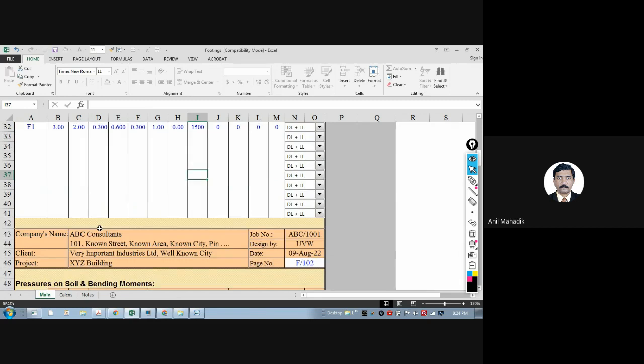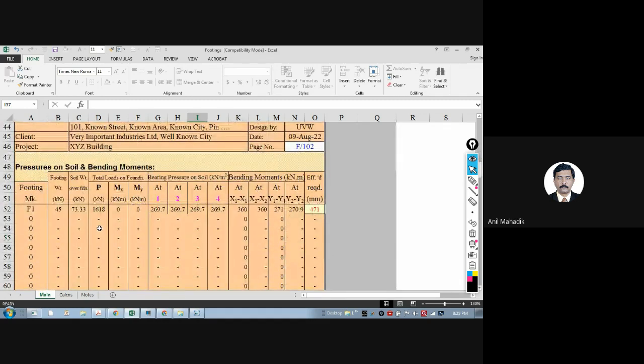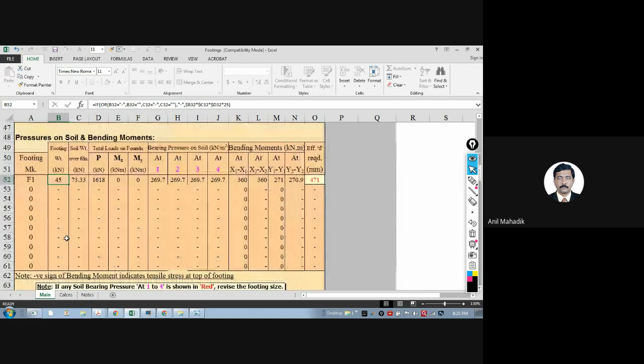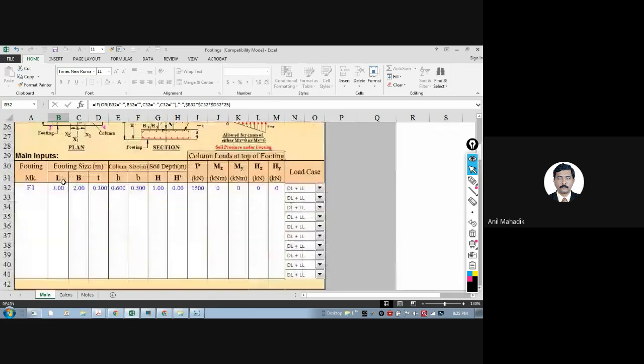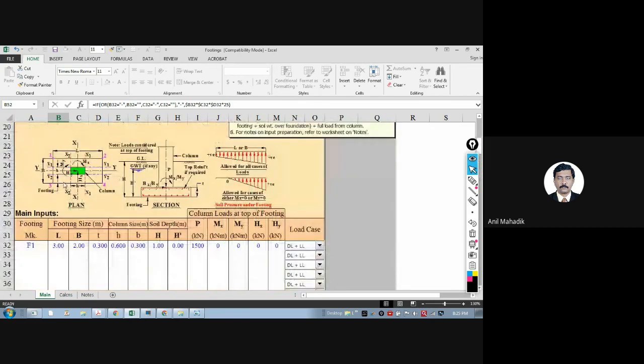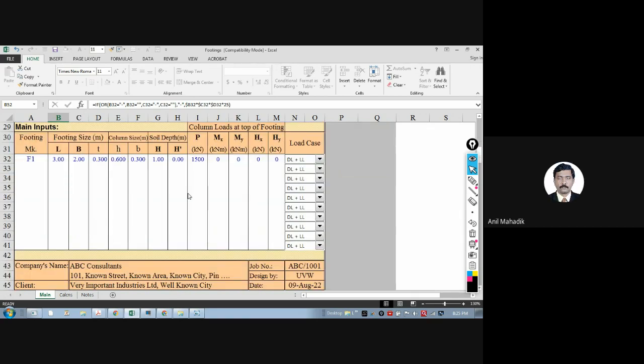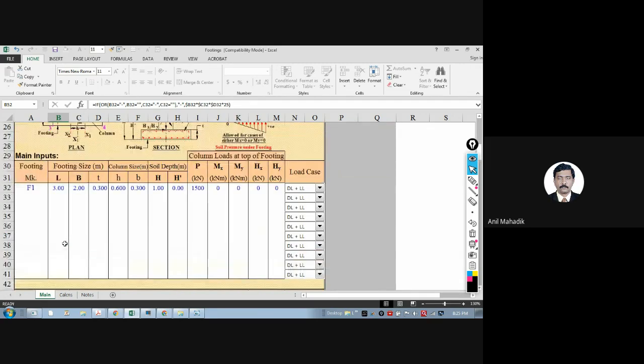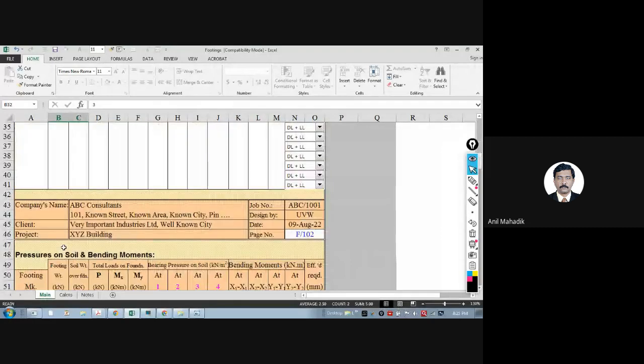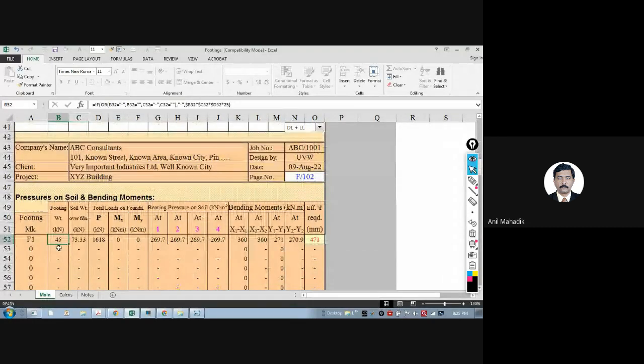Now go down. Now you will see here there is a footing weight which this sheet has calculated automatically. So how do we calculate the self weight of footing? Anybody? Volume of the footing into density of concrete, that is 20. So whenever you put any size here, it will calculate the footing weight automatically.